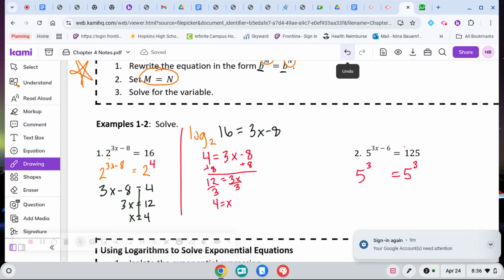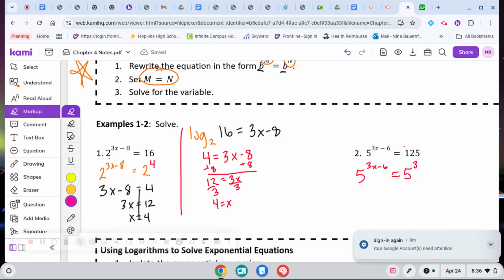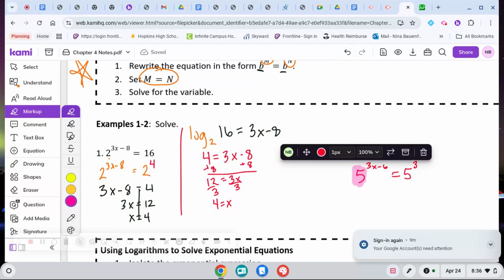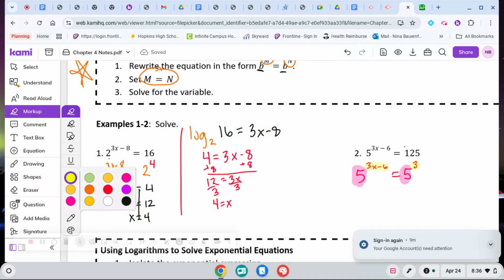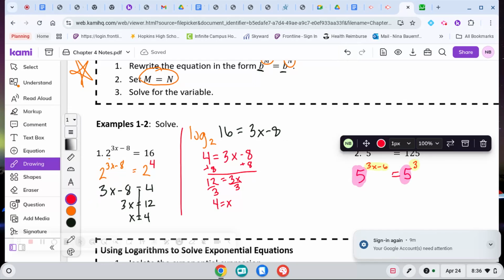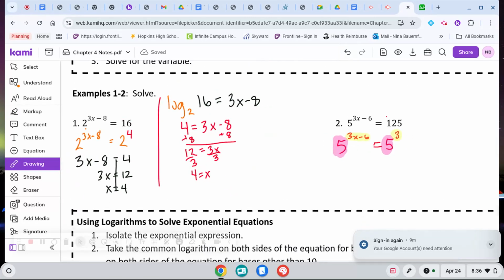And then we have 5 to the power of 3x minus 6. So notice these match, which means that these must match. That's why we can set those equal to each other. So we would say 3x minus 6 equals 3. Drop your line and solve. So you would get 3x equals 9, and then x equals 3.